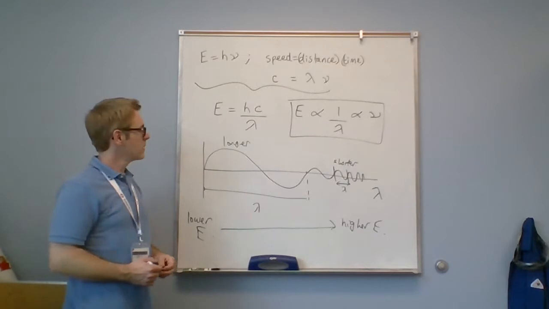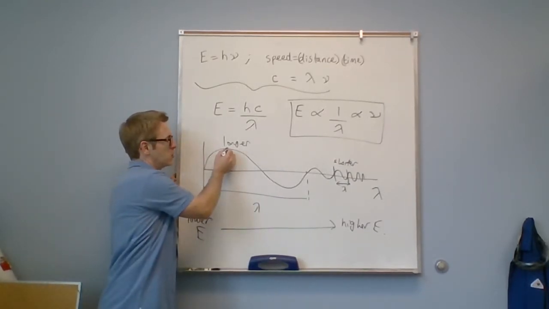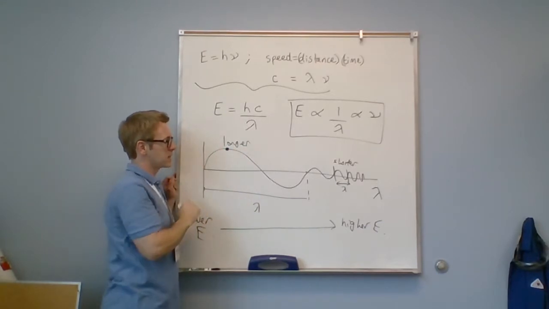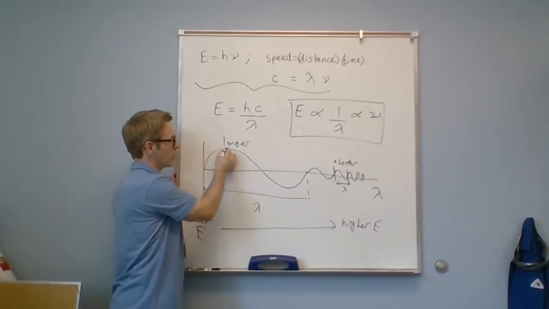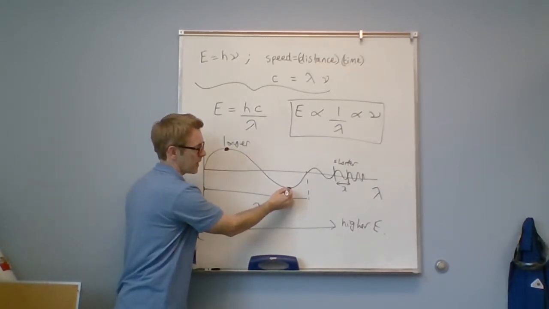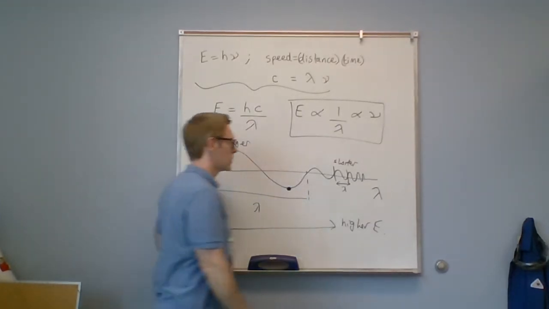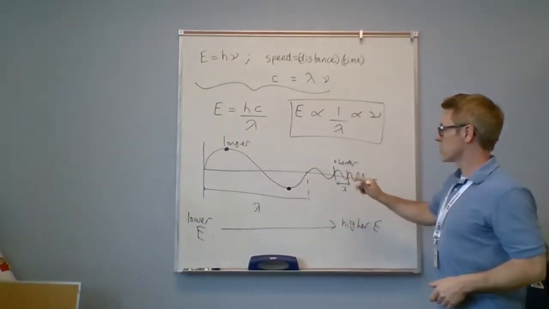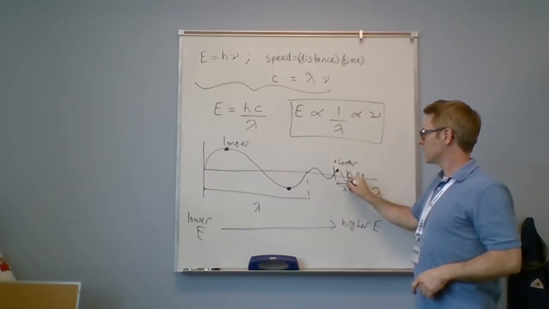Roughly speaking, if you were to put a dot on every maximum and every minimum, so let's say in this part of the wave I have a dot like this, and in this part of the wave down here I have another dot. And we'll do the same for the shorter wavelength over here. Let's put a dot over here, and down here we'll put a dot.